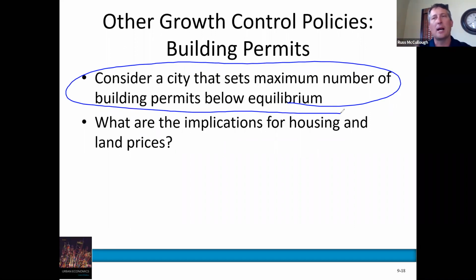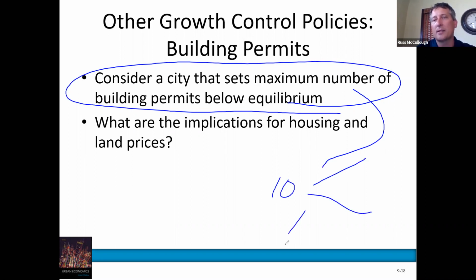In this case, what we're not doing is saying, you got to build it here, you got to build it here. So we're past the zoning aspect that we were studying earlier. And now it's more about them issuing the number of permits. It's like, as long as you've got 10 permits, you can go build 10 houses. We don't care where you put it as long as it's on the land that we said you could do new construction on with that type of building.